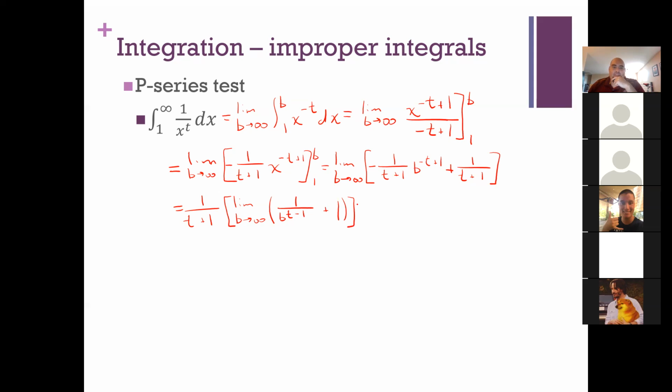Is everybody okay with how I've developed this? So basically what's going to happen is this: b is going to get very, very large. What values of t is that going to converge for?